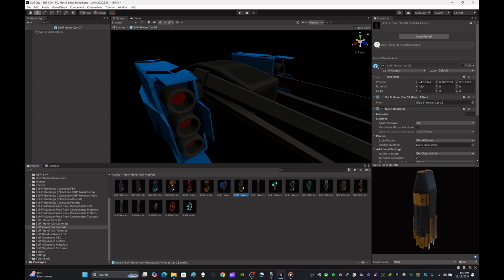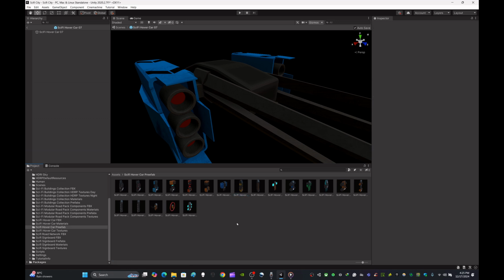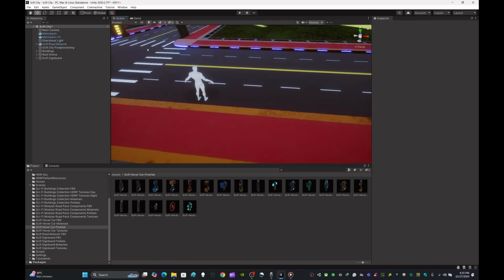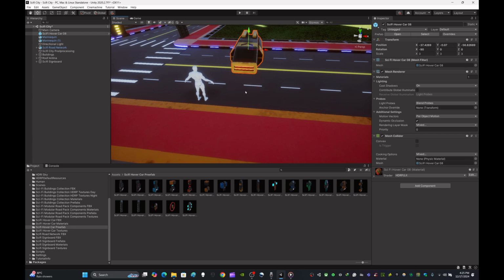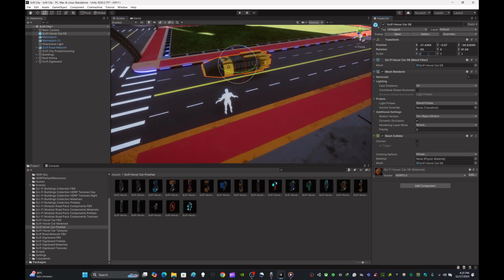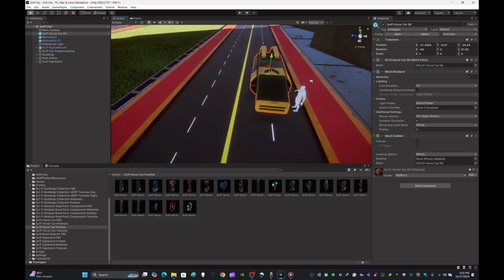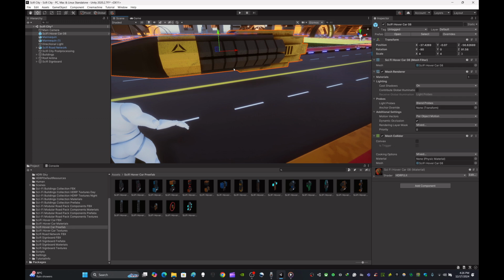So right proportion is a very important part actually. Yeah, you can have a right proportion here.